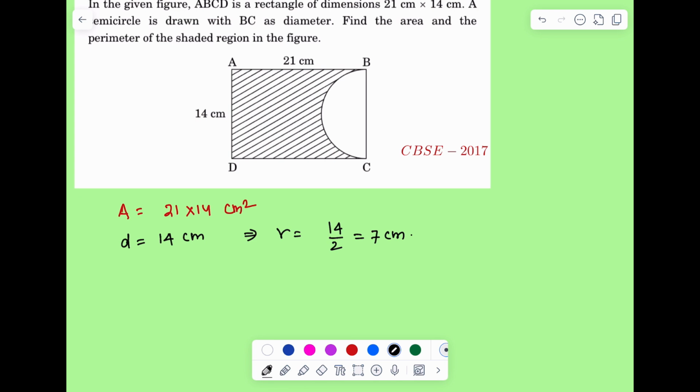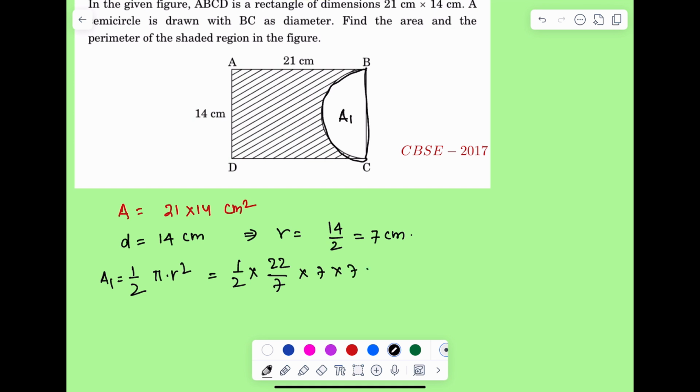If R is equal to 7 centimeter, then the area of this semicircle, let it be A1, is equal to half into pi R square, it is half into 22 by 7 into 7 into 7, because R is equal to 7. Now 7 will be cancelled out, that is 11 into 7, equal to 77 centimeter square.